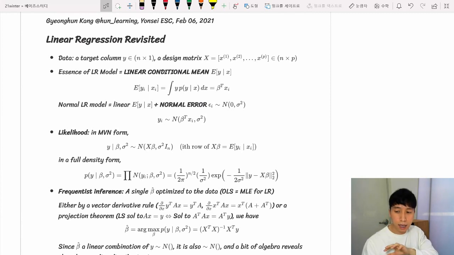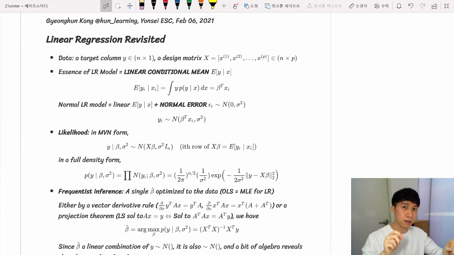Let's say our problem at hand is to set up a model that explains the behavior of y given a specific row of x. There are many ways to do that, many models to solve that regression problem, but the simplest one to understand and to execute would be the linear regression model.